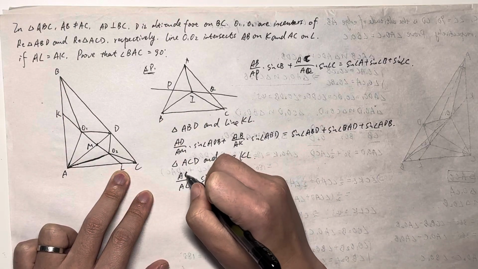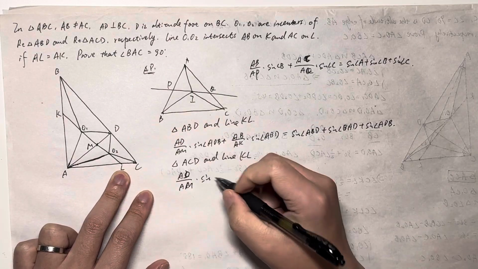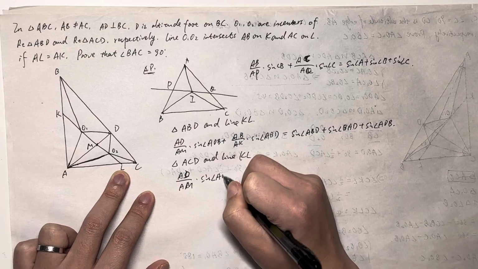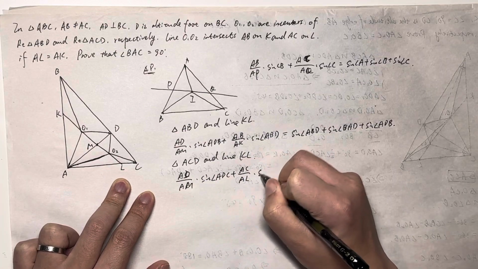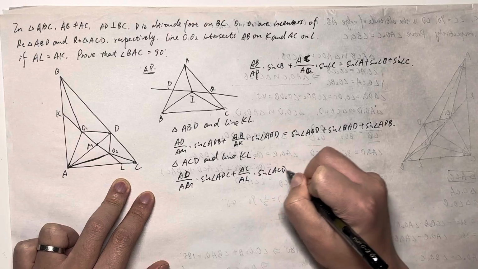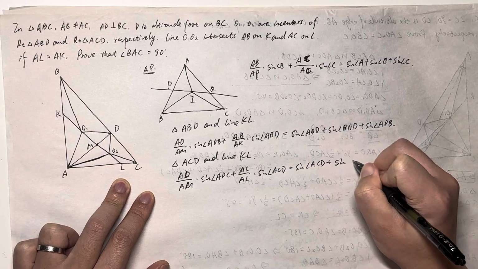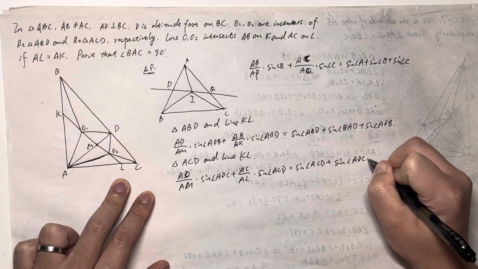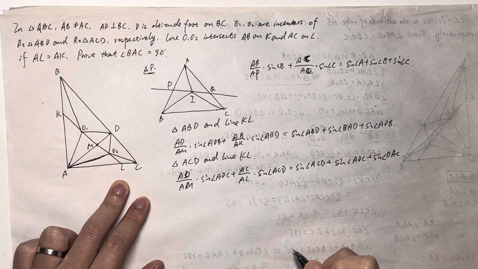So that's AD over AM times the sine of angle ADC plus AC over AL times the sine of angle ACD equals sine angle ACD plus sine angle ADC plus sine angle DAC, right?